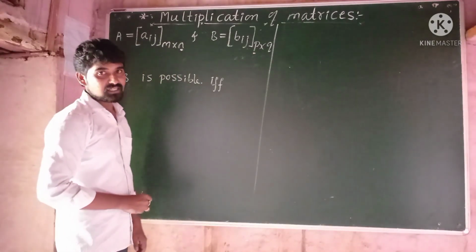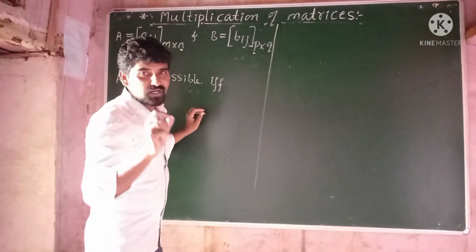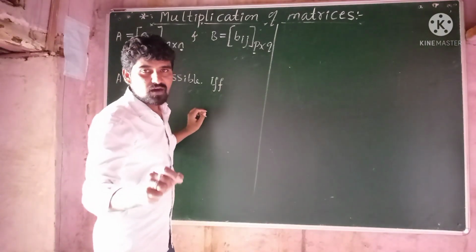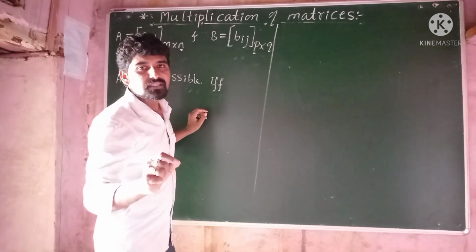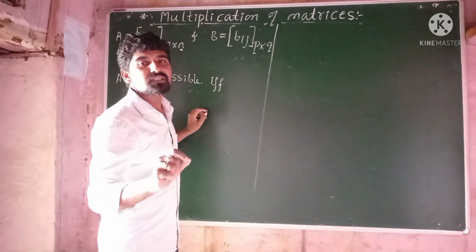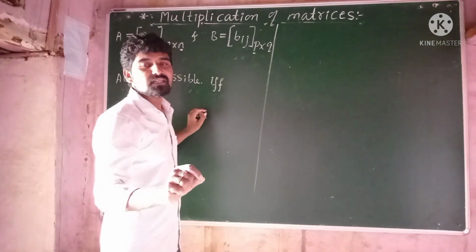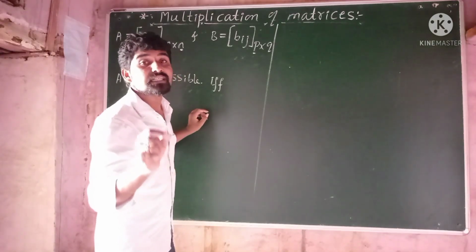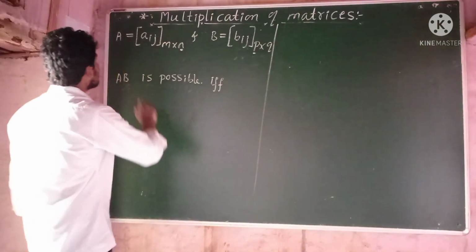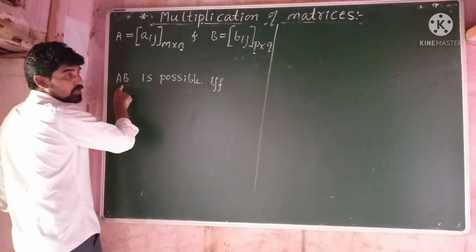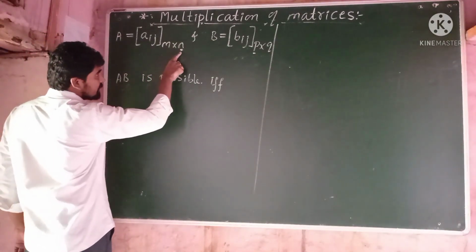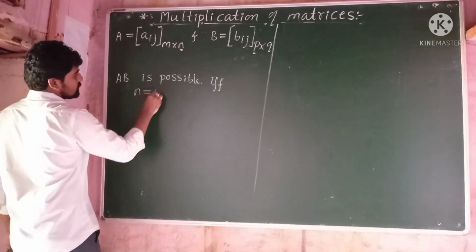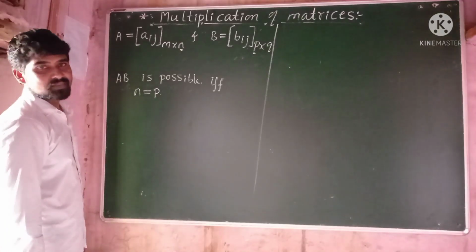I hope all of you are understanding. It means here matrix AB is possible if and only if n is equal to p.